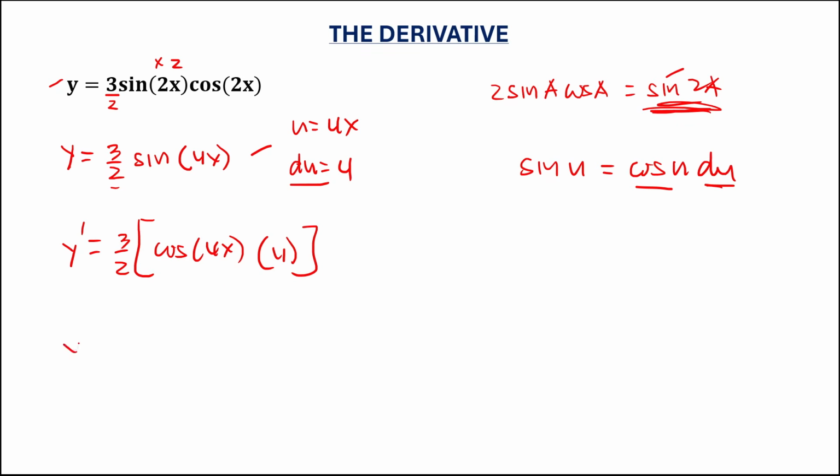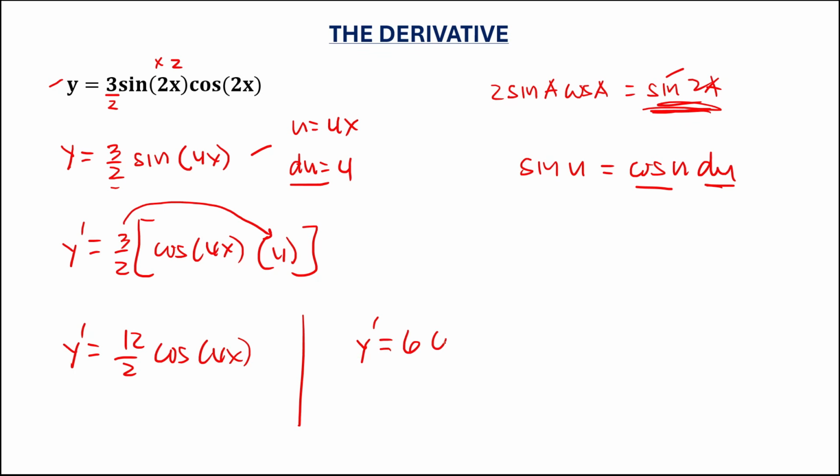Then to simplify, y prime equals, multiply 3 times 4, this one is 12, then over 2, then cosine 4x. Then simplify, so y prime equals, 12 divided by 2, this one is 6, then cosine 4x.